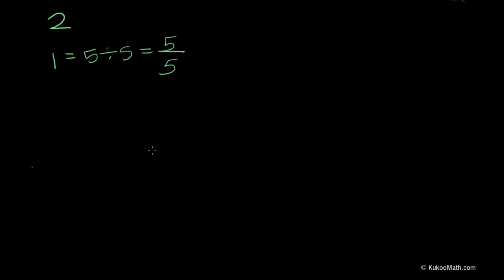But the thing is, you'd get the same answer if you did a fraction like 6 over 6, or 7 over 7, or 8 over 8, because all of these fractions are the division problems 6 divided by 6, 7 divided by 7, 8 divided by 8, and they all have the answer of 1.